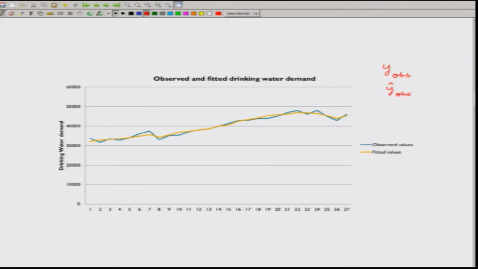Here the green line is indicating the observed values, and the yellow line is indicating the fitted values, and one can see that the difference between the observed and fitted values is not actually much, and in most of the cases they are lying over each other. Even if I try to fit a model here, possibly this may look like this.